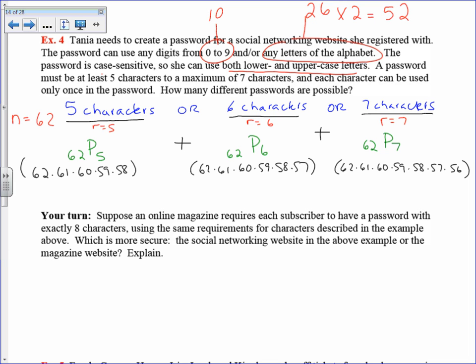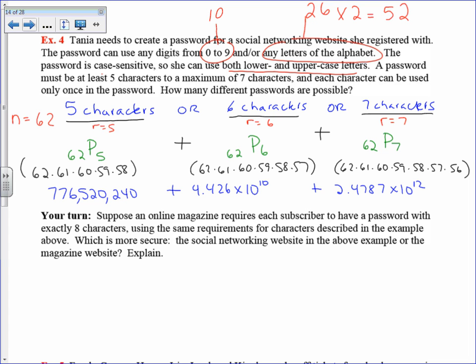So you should get, for the 5 characters, 776,520,240 choices. These numbers get big here, right? 4.426 times 10 to the 10. 2.4787 times 10 to the 12.